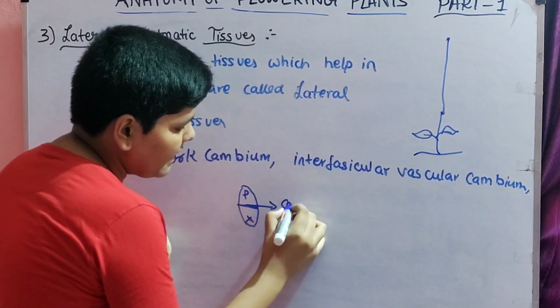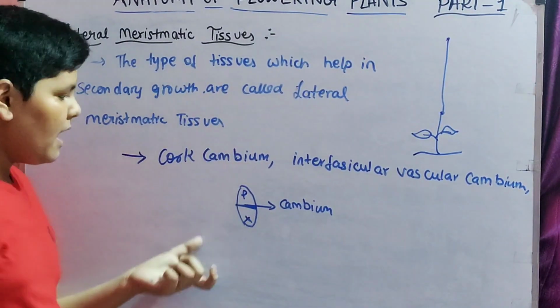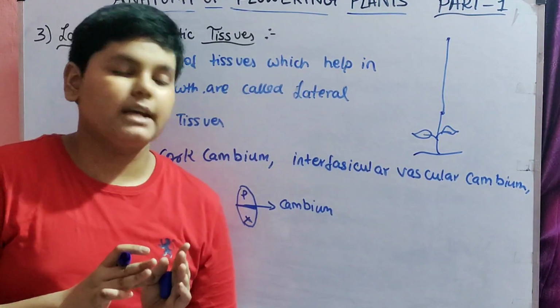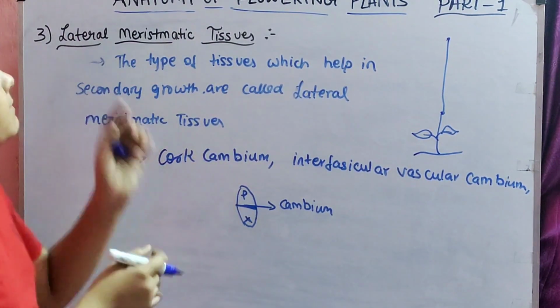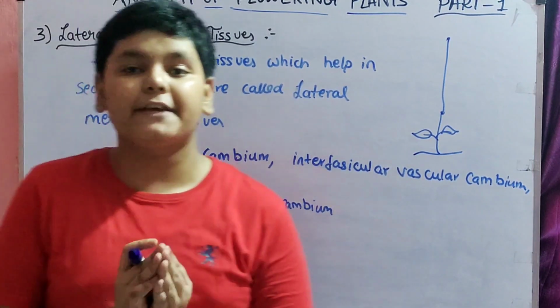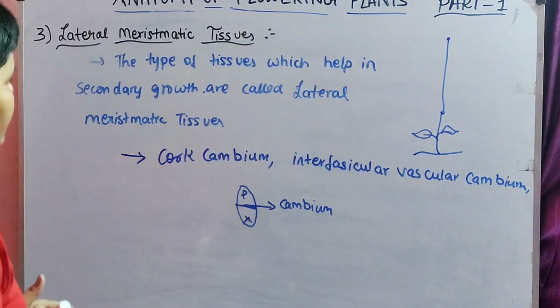This is called cambium. Now what is the use of this cambium? After the primary growth of the plant is over, this cambium develops and helps in the growth of the lateral meristematic tissues, which help in increasing the thickness and size, and give mechanical support to the plant. So these are the functions of the lateral meristematic tissues.